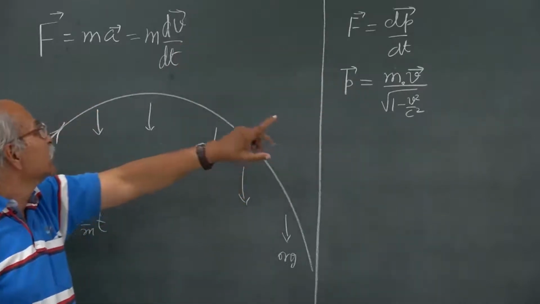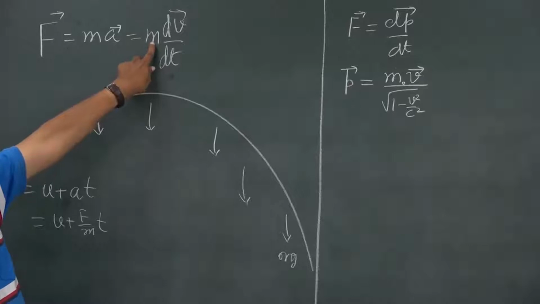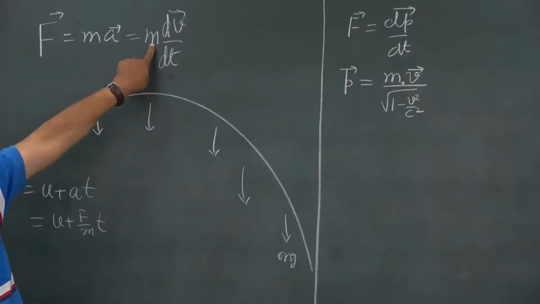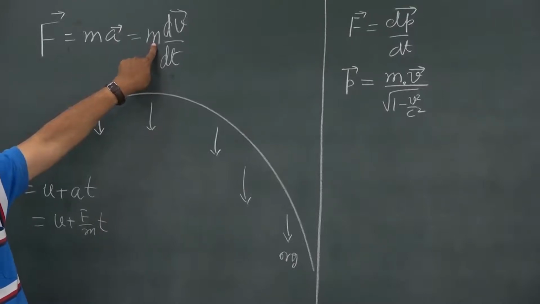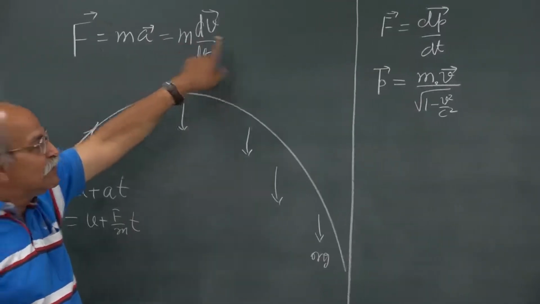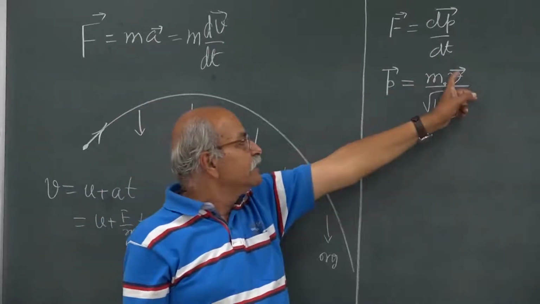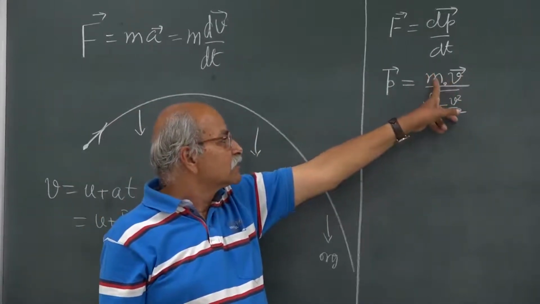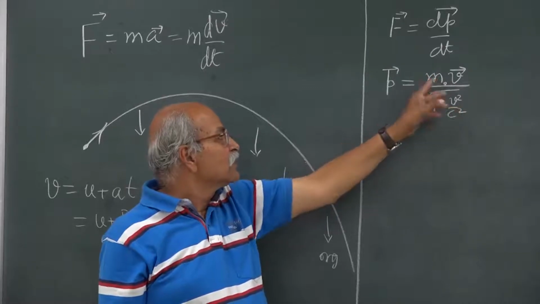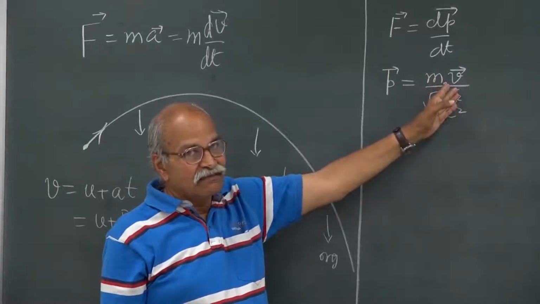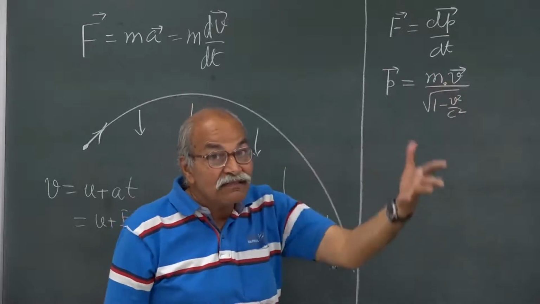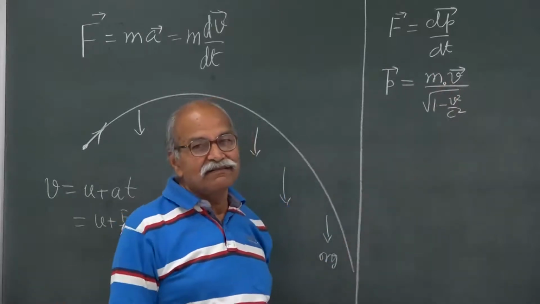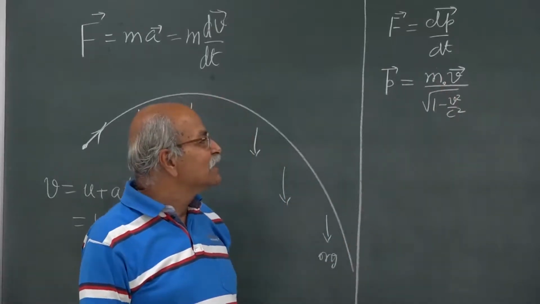If you think that if I replace this mass in Newton's law by relativistic mass, that will not work. In the linear momentum definition, yes. If you replace mass by this so called relativistic mass, the linear momentum is given by this. But beyond that, you cannot stretch the application of the relativistic mass.